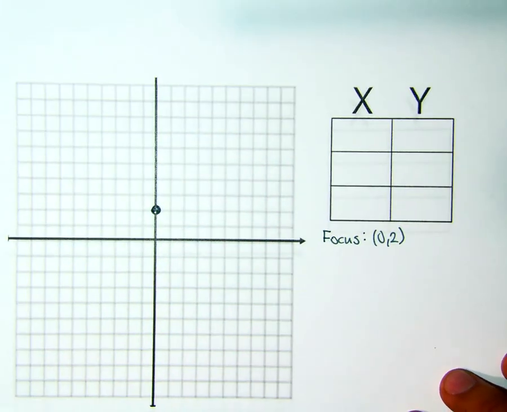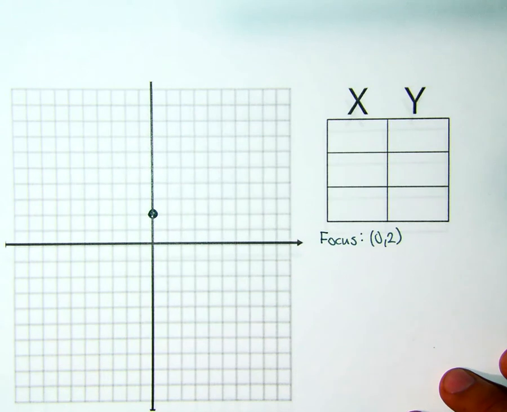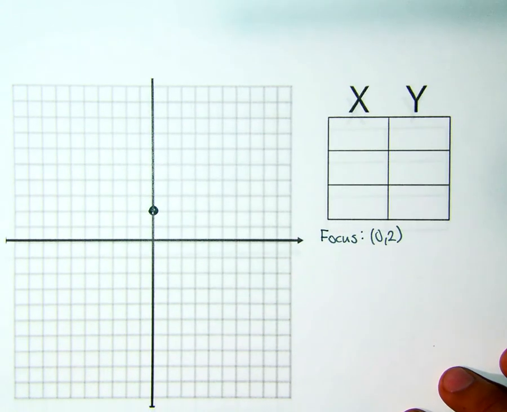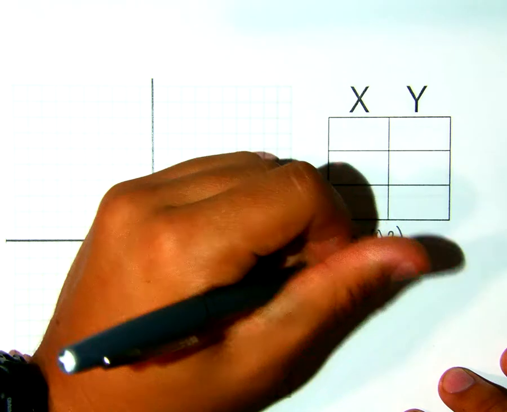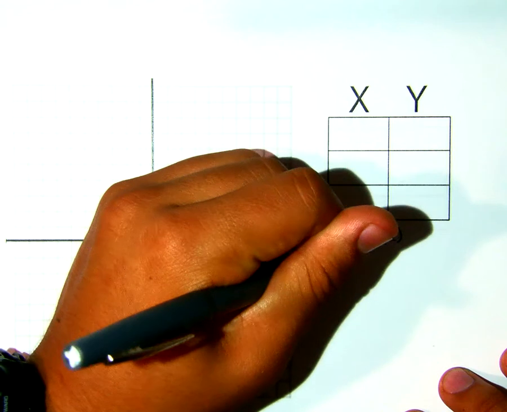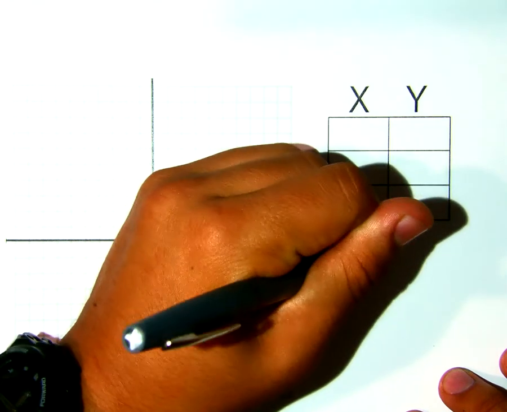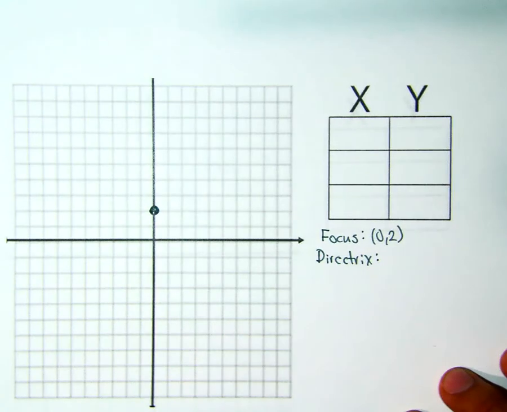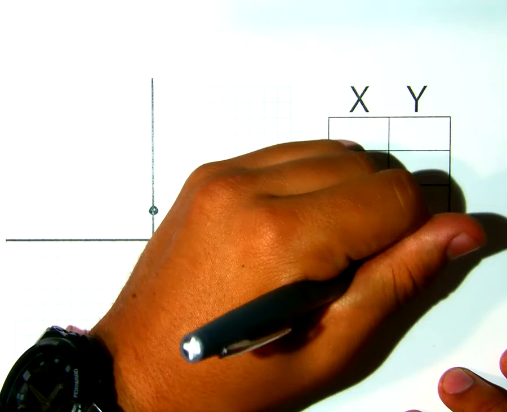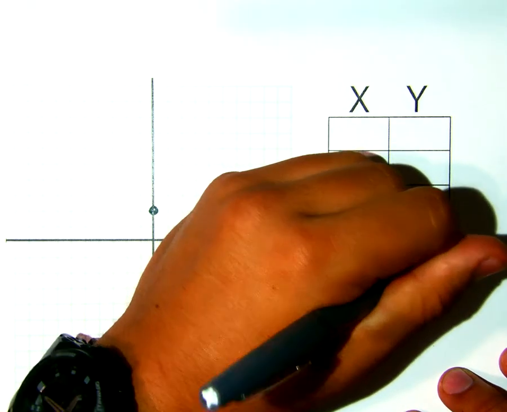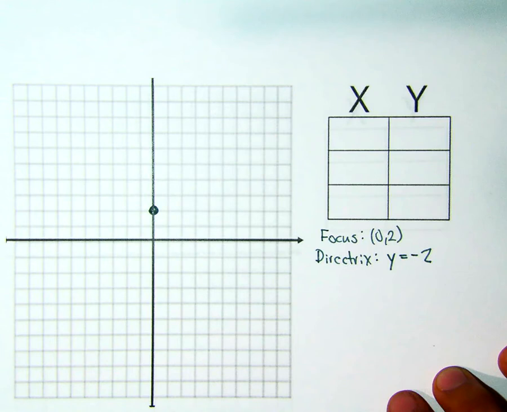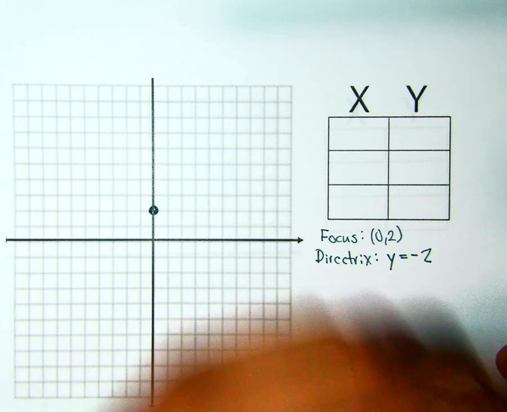Okay, you'll need a sheet of paper for notes. Alright, and we're given a directrix, and that will be y equals negative 2. Okay, so we have a focus and a directrix.